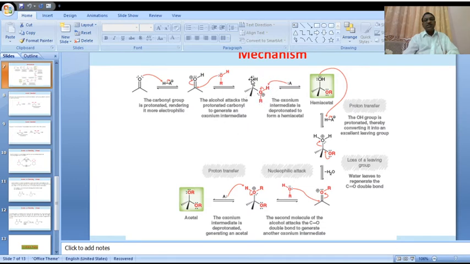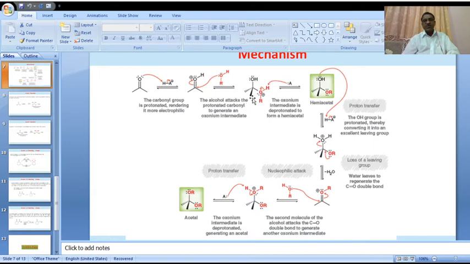The ROH alcohol attacks the protonated carbonyl carbon. Immediately the pi bond breaks and the oxygen gets neutralized, forming another intermediate, an oxonium intermediate.